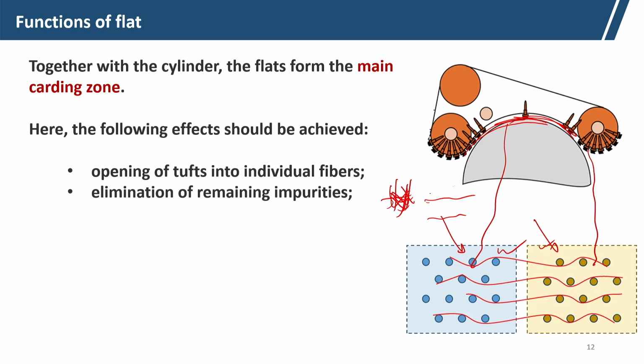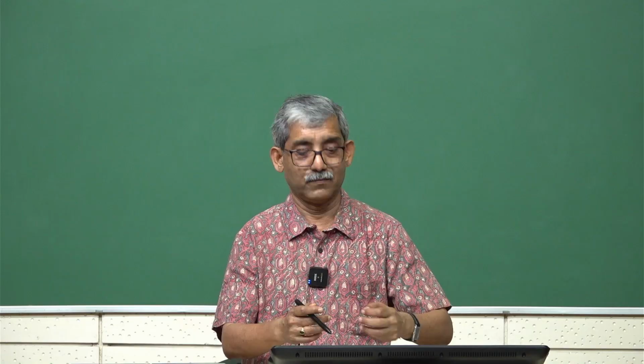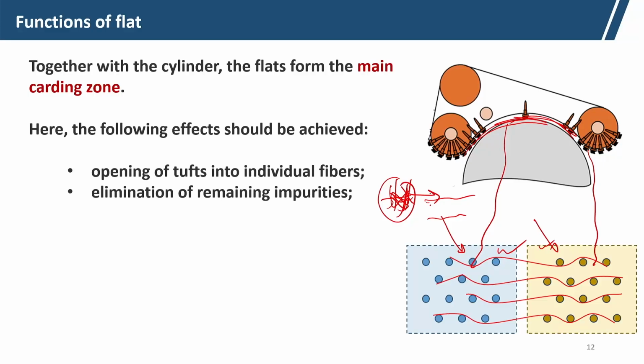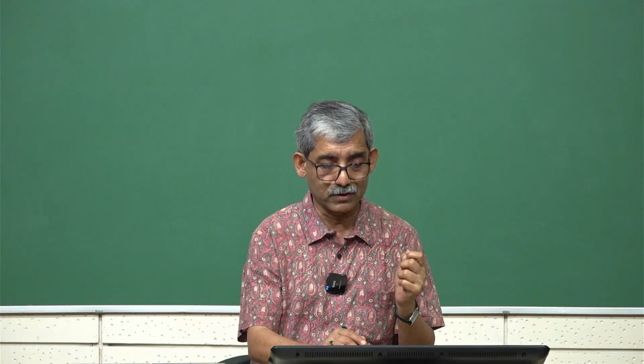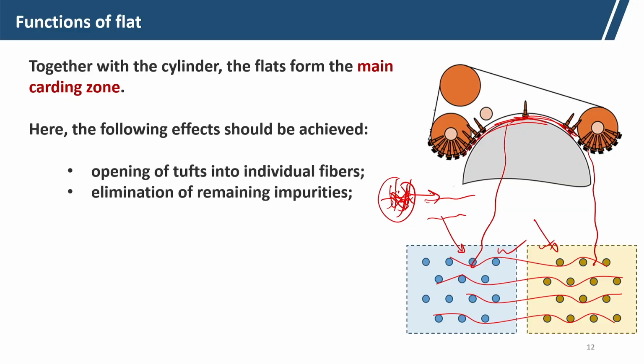Elimination of remaining impurities: when we make the tuft into individual fibers, whatever foreign particles or impurities are entrapped within the tuft get exposed, and by the action of these pins they get eliminated.